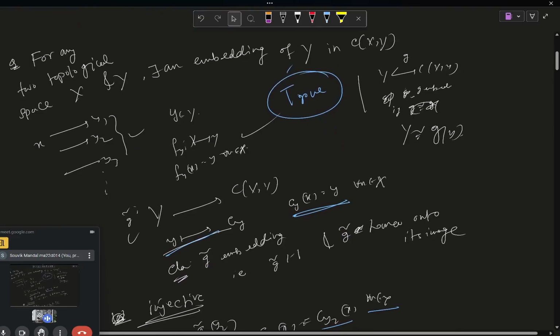Now the second question: for any topological spaces x and y, is y an embedding in C(x, y)? So how do we do this?